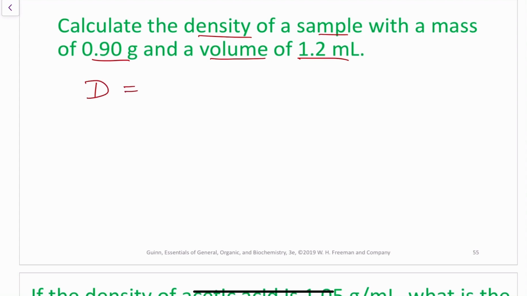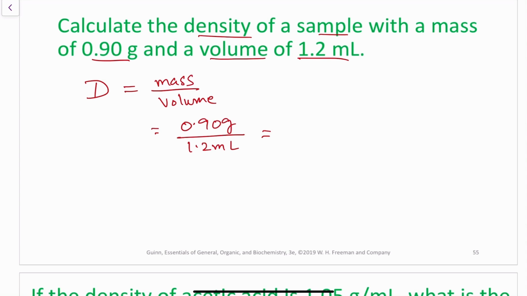Density is mass over volume. So what's the mass given? 0.90 grams over 1.2 mL of the volume.